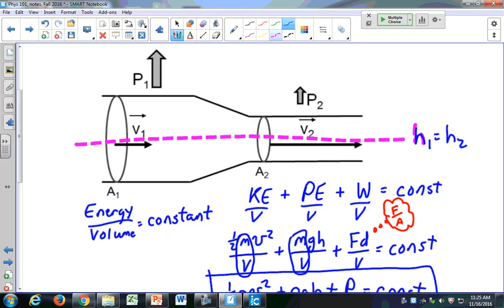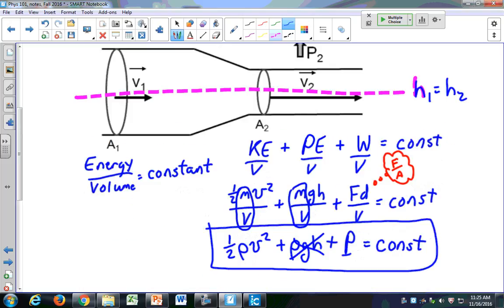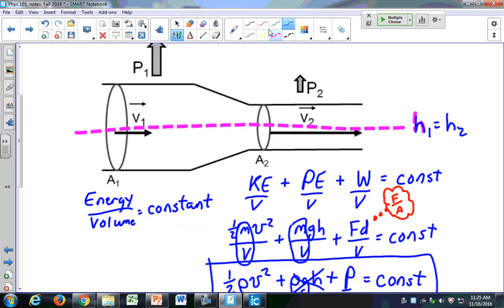But what we would say on this is that since h1 is equal to h2, I can just disregard this. And I would say that in this left-hand section of the pipe, 1/2 rho1 v1 squared plus the pressure p1 is equal to, in the second part of the pipe, 1/2 rho v2 squared plus p2.